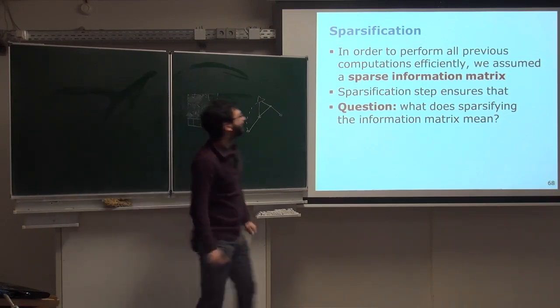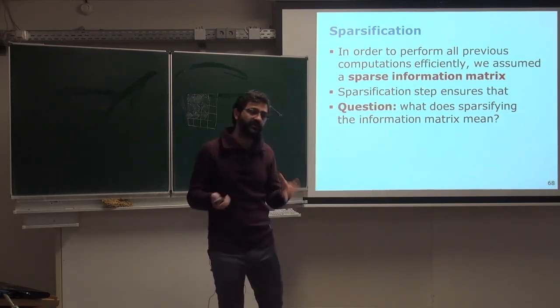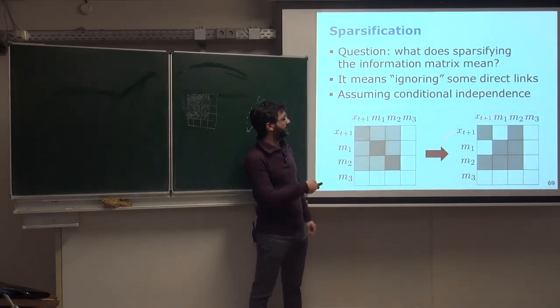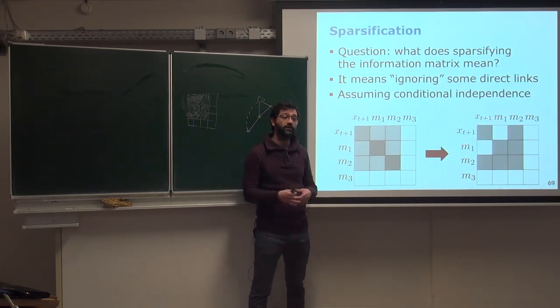I will tell you. So the meaning here is that we basically impose some conditional independence, okay? Intuitively, it's saying we are ignoring the correlation between these two variables. So by removing what's in this cell here, it means that before, the landmark M1 was related to the pose of the robot. When we cut it out, we are saying that the landmark M1 is not related to the pose of the robot any longer.